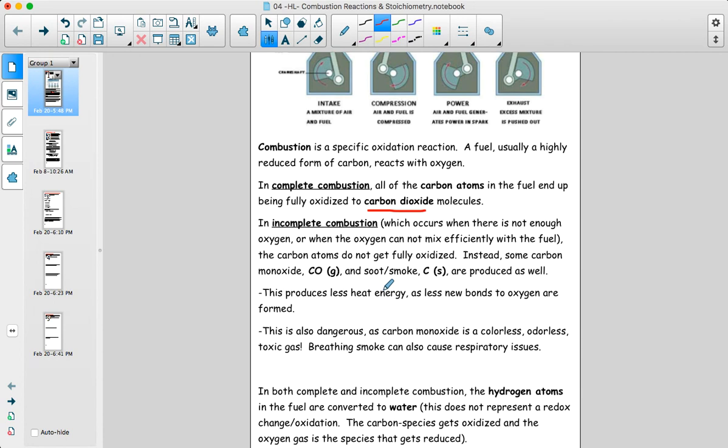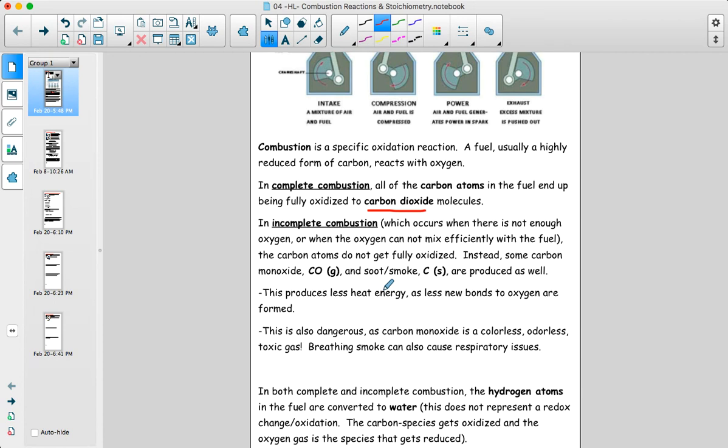So either there's not enough oxygen present, or the oxygen is not mixed efficiently enough with the fuel for it to burn completely. You can think of this, the best example is probably if you take a Bunsen burner. When you open up the valve at the bottom of a Bunsen burner and it burns with a very sharp blue cone, that is the complete combustion of the methane fuel.